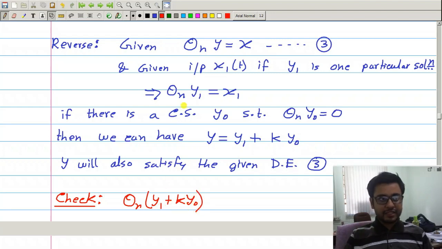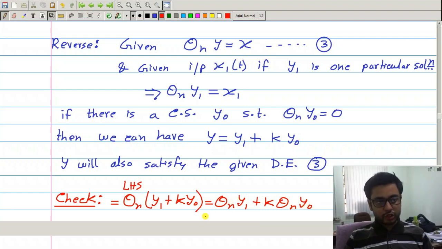This is the left hand side, and this will be equal to O acting on y1 plus k times O acting on y0. Now the first term is equal to x1 and the second term gives 0, so we get x1, which is the right hand side of this equation.